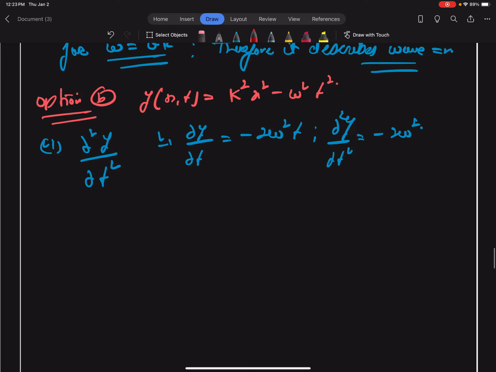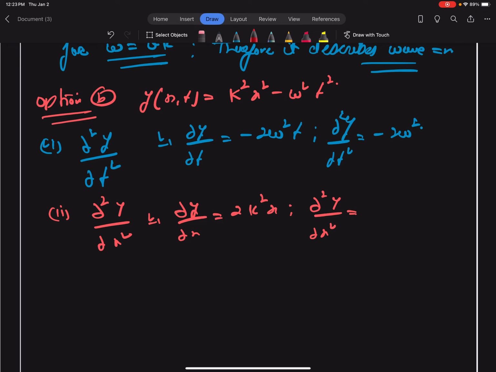Similarly, for the second part with respect to x, we get the first derivative equal to 2k square x, and now its double derivative comes as 2k square.